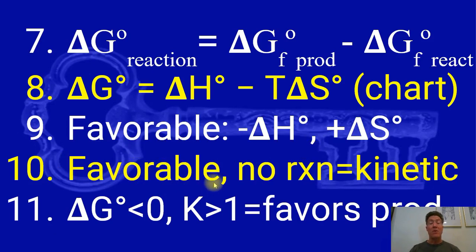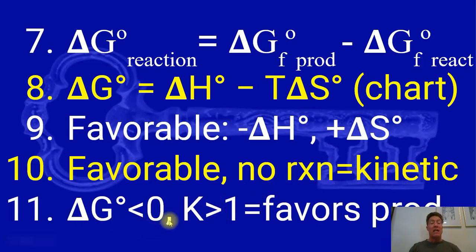So remember, if something is thermodynamically favorable, but you still don't see a measurable reaction taking place, then it is reasonable to conclude that reaction must therefore be under kinetic control, must have a very high activation energy or something, which is why it's not happening spontaneously. It's thermodynamically favorable, but the kinetic activation energy is what's keeping it from happening.